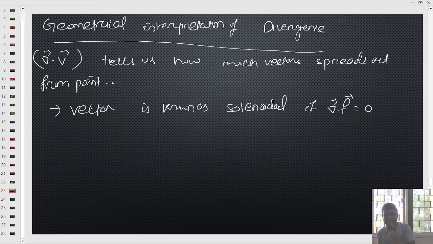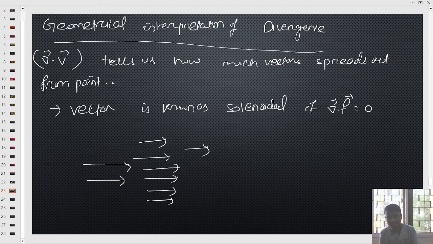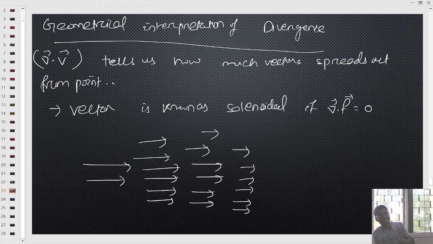Solenoidal means it doesn't spread out. Let's suppose this is a vector field and it spreads out like this. You can say it has some divergence. So divergence basically means how much the vector spreads out from a point. Hopefully you all understood.